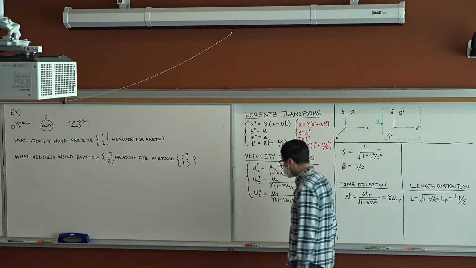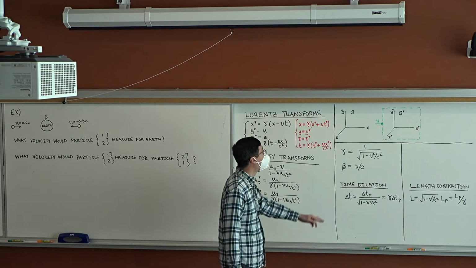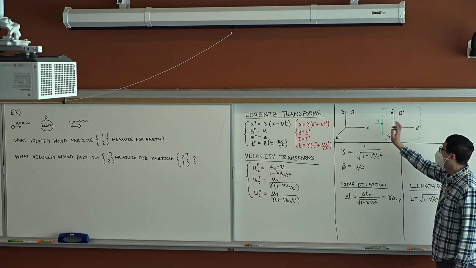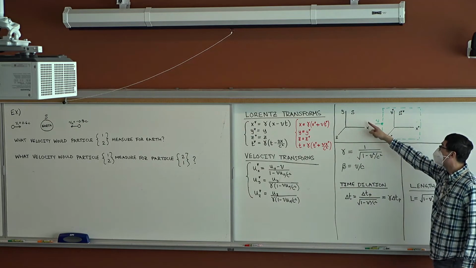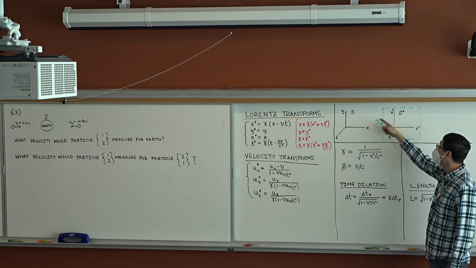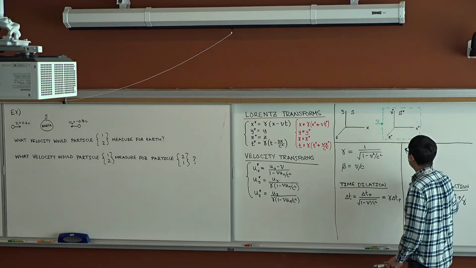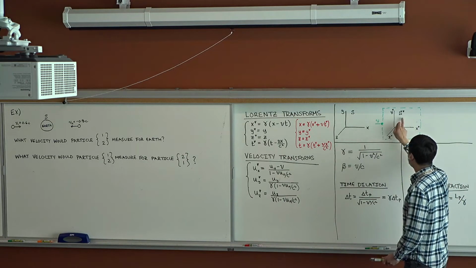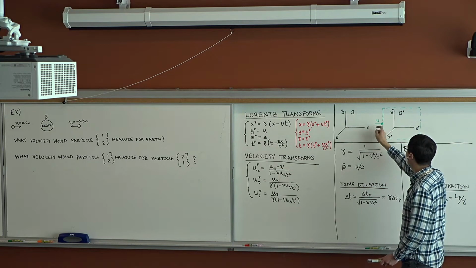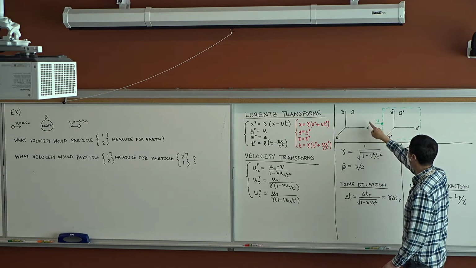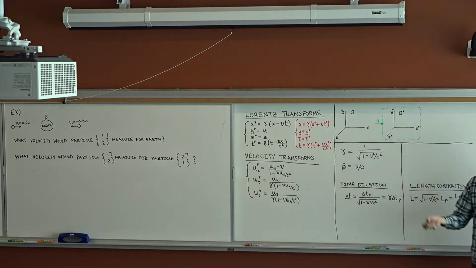Just as a quick rehash, if we have, for starters, two frames, S and S prime, S prime is moving in the plus x direction, and S measures the speed of S prime to be v.